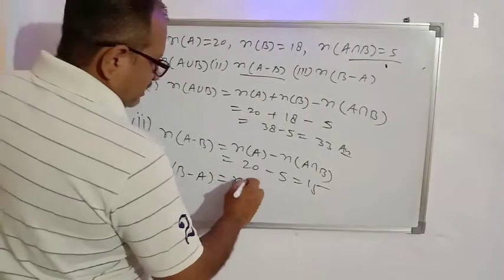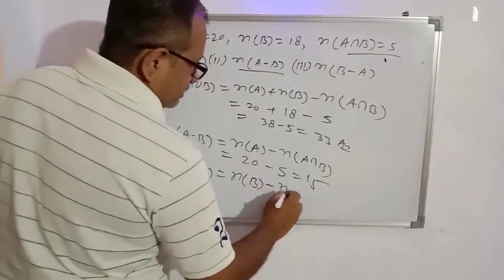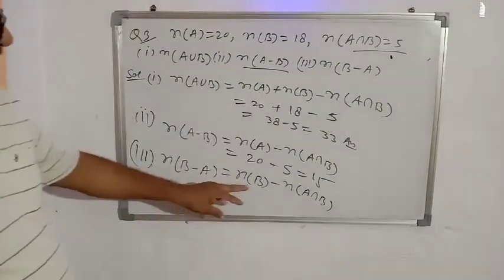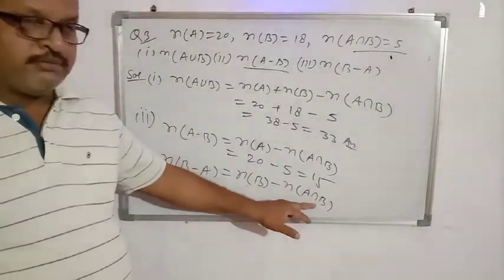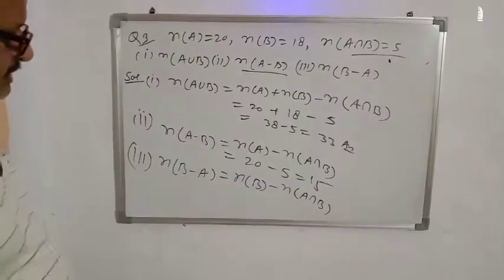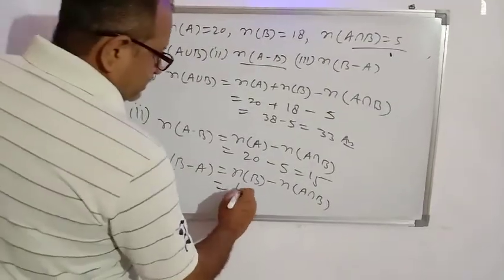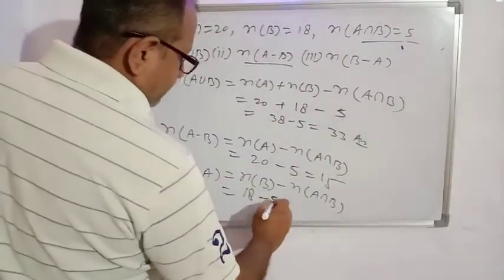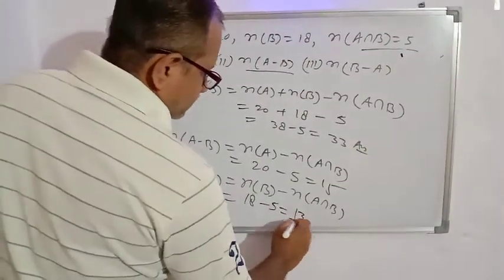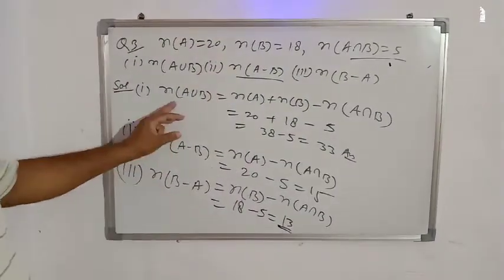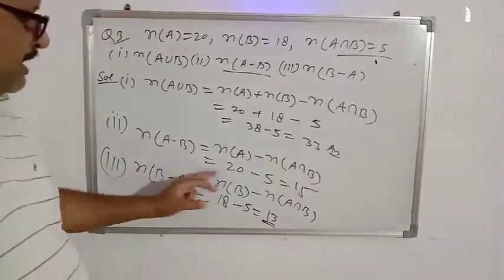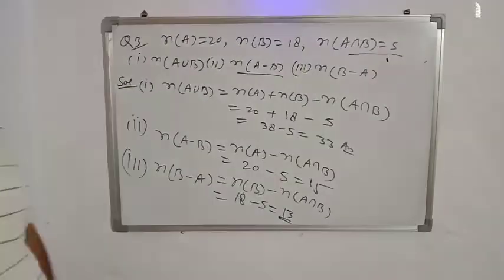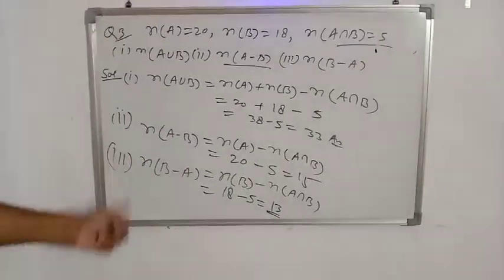So n(B minus A) means n(B) minus n(A intersection B). From the set B, we will subtract the cardinal number of the intersection A intersection B. n(B) is 18, n(A intersection B) 5, 18 minus 5, so it is 13. So n(A union B) is 33, A minus B is 15, and B minus A is 13. So in this way we can do the problems based on cardinal number.